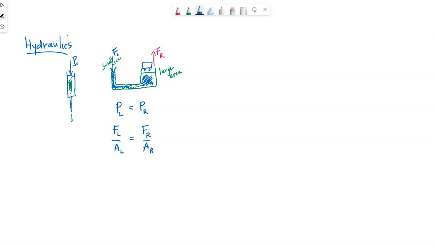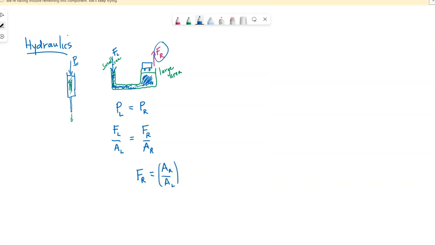The force on the right side, that upward force on essentially the car in this case, ends up equaling this ratio of the areas: the area on the right side over the area on the left side times the force on the left side.